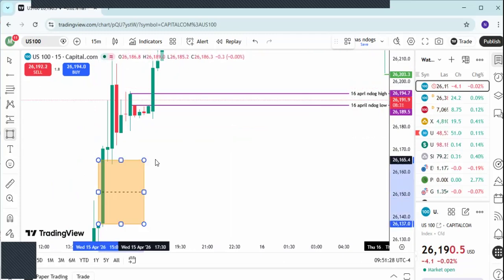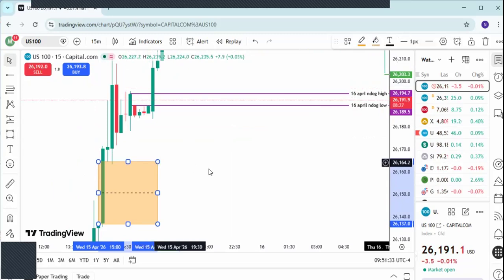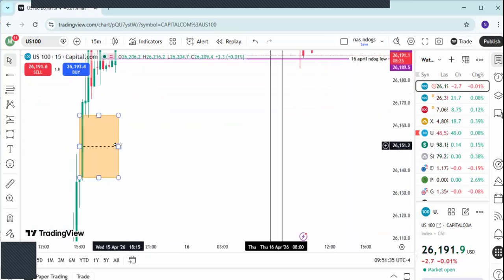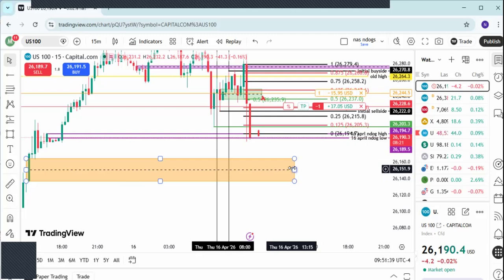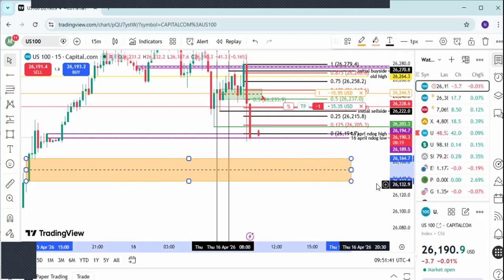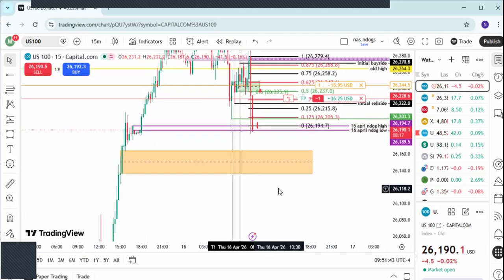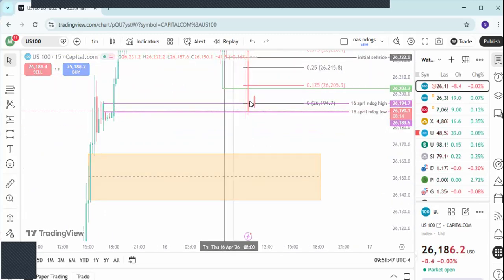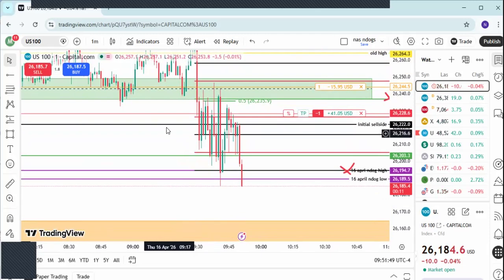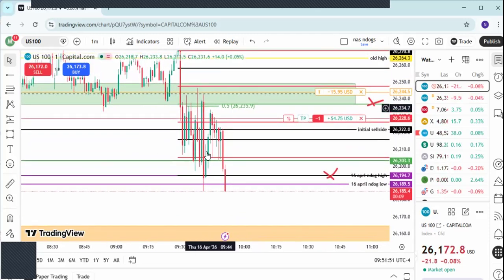There we go. So you want to see price in there. So that's nice.